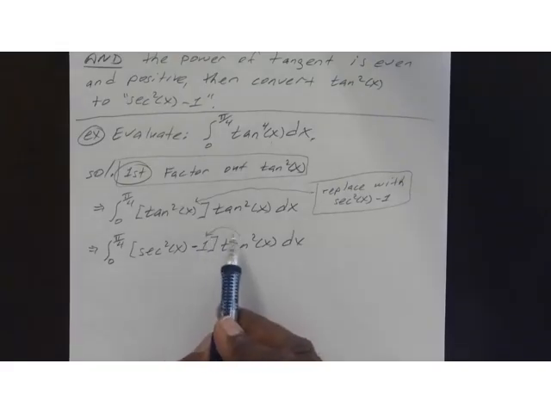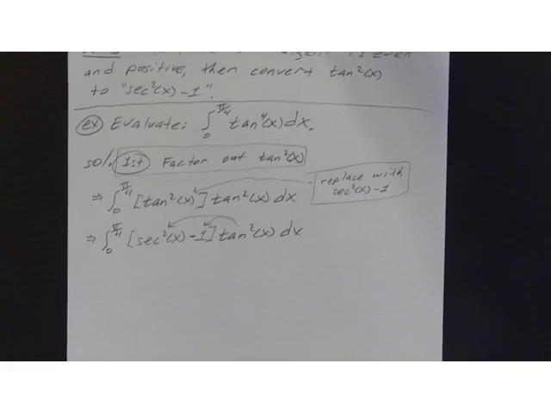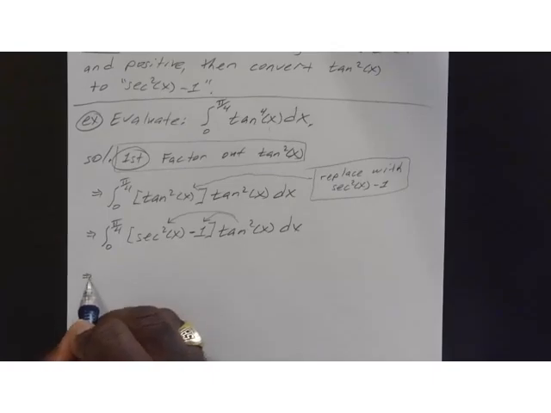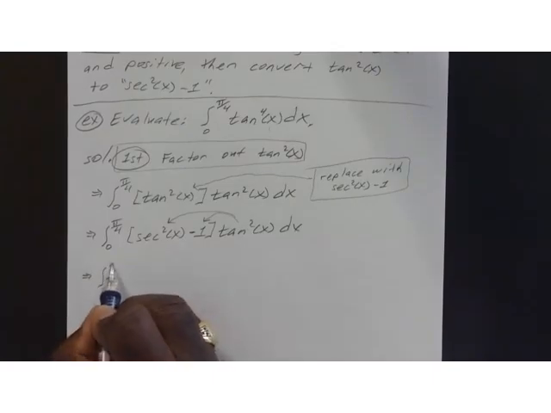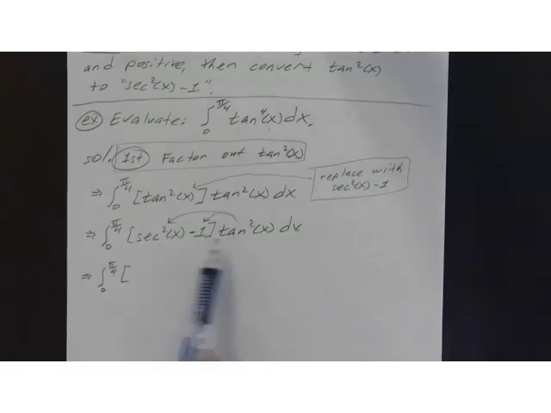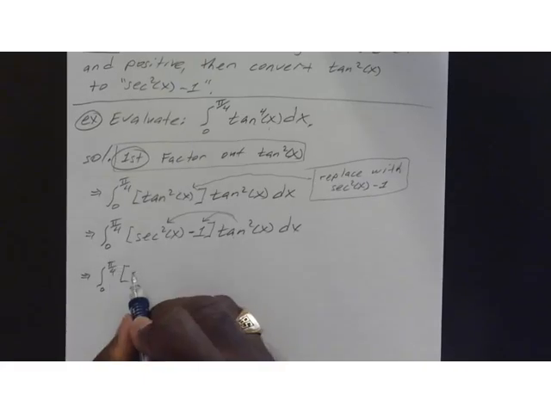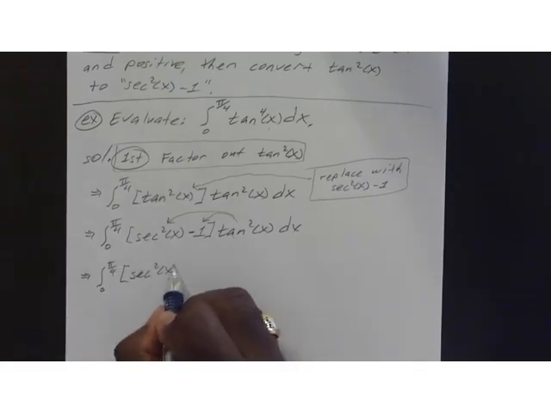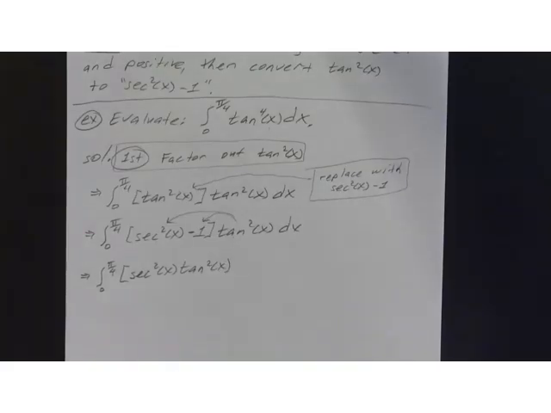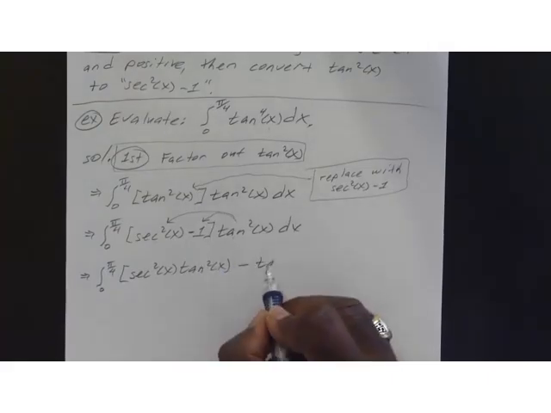And there, we're just going to distribute that tangent squared. So the integral from 0 to pi over 4, we have secant squared times tangent squared minus tangent squared.